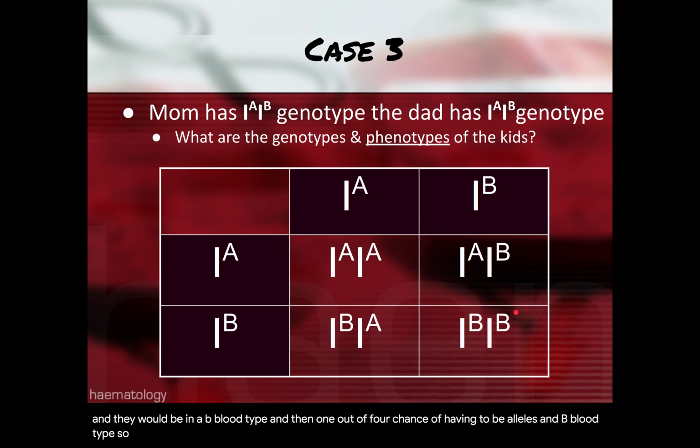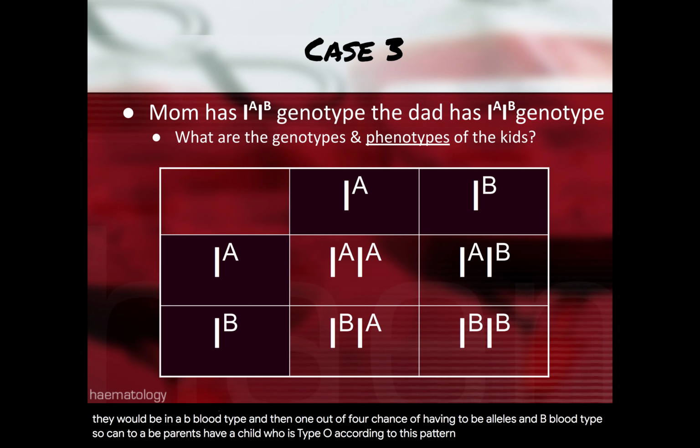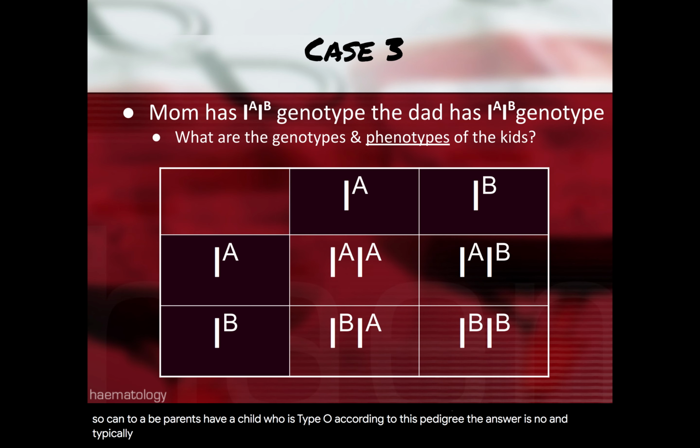So can 2 AB parents have a child who is type O? According to this pedigree, the answer is no, and typically the answer is no, but there is an exception to this rule that is not non-paternity.